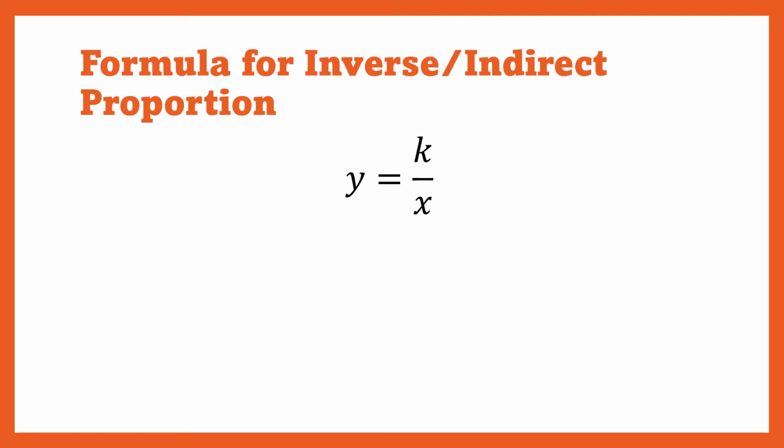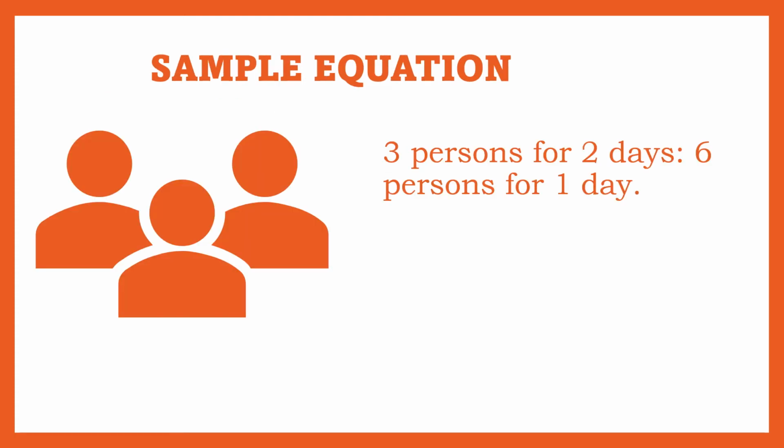The formula for inverse or indirect proportion is y is equal to k over x, or x sub 1 over x sub 2 is equal to y sub 2 over y sub 1. We have here a sample equation. 3 persons for 2 days is to 6 persons for 1 day.